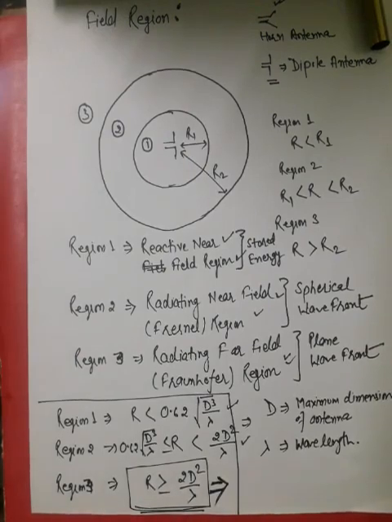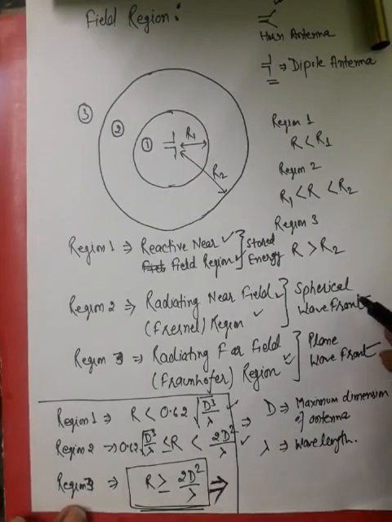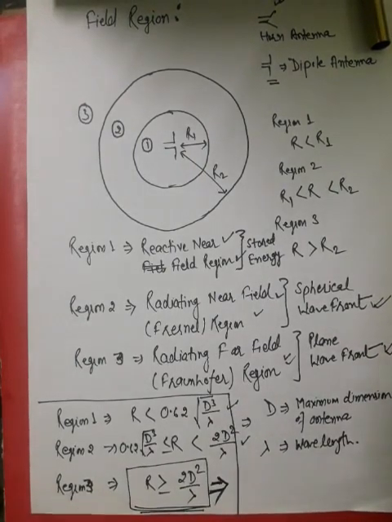Now the question arises: what is a wavefront? You know that the wavefront is the locus of the same phase. If you find the locus of the same phase, it is simply your wavefront. A wavefront can be of 3 types. It can be a spherical wavefront, meaning the same phase points make a sphere.